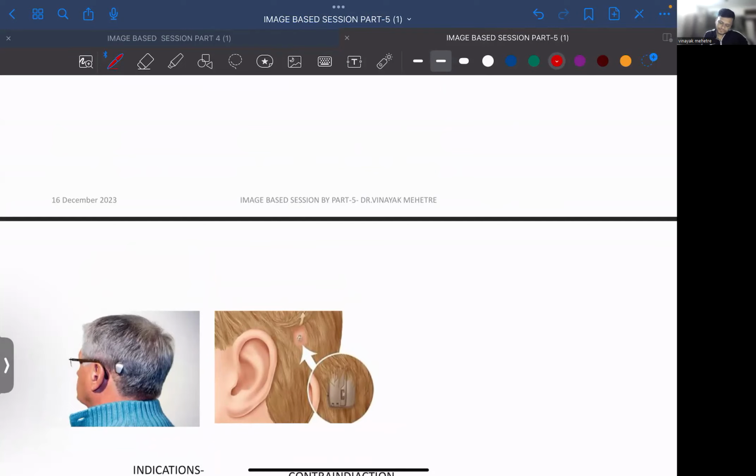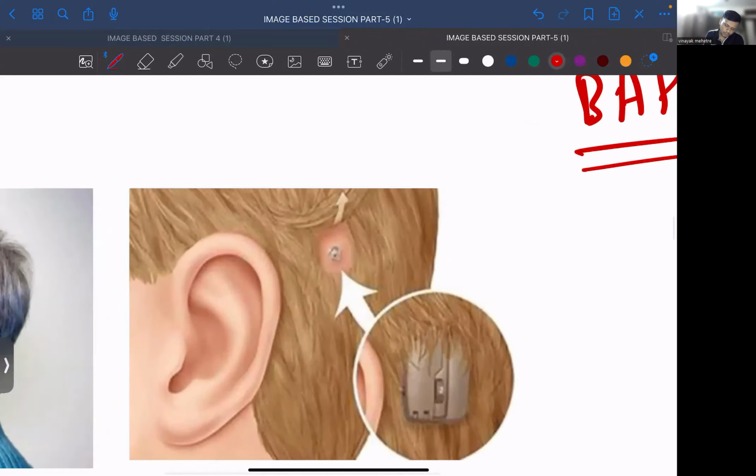What is this? An instrument which is attached without wire. Okay, no wire going inside the canal is called as BAHA, bone anchored hearing aid. किस में देंगे? One is in front of you. There is no hole in the ear. So where we will use?